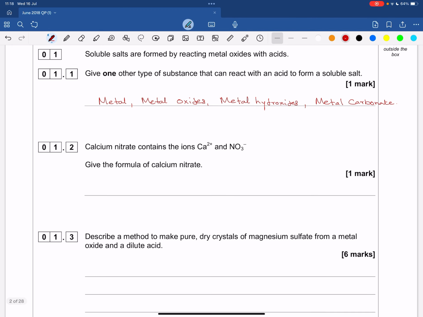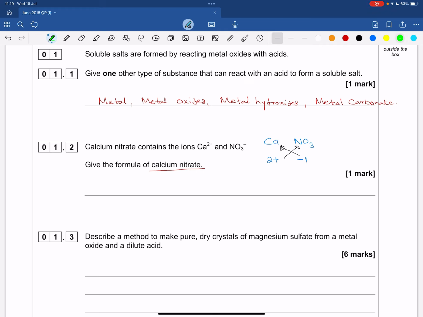Calcium nitrate contains the ions Ca2+ and NO3-. Give the formula for calcium nitrate. So you can do drop and swap. Calcium forms a 2+ ion, and NO3 is a polyatomic ion or compound ion, so it has a single 1- charge. You drop your valencies and then swap them.